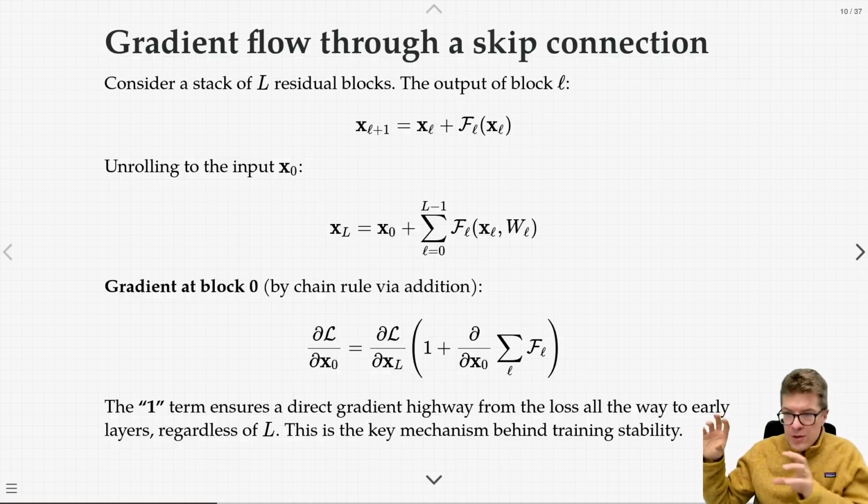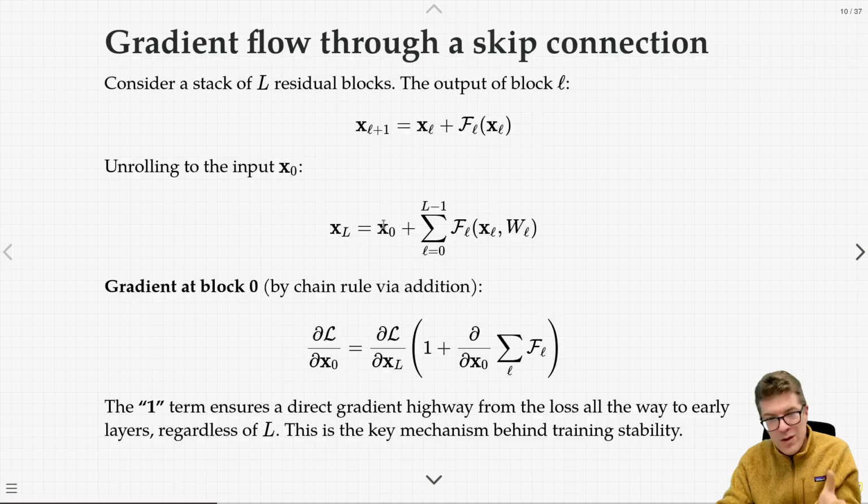Before, we used the chain rule to multiply together a lot of partial derivatives, unrolled so we could take the derivative of the loss with regards to the inputs in terms of these partial computations along the way. We can do the exact same thing. The only weirdness now is that we have this X sub 0 term added to this sum. But we know what to do with this. The derivative of this plus the derivative of that is this thing that we add to the derivative of big L with regards to its input of that particular block.